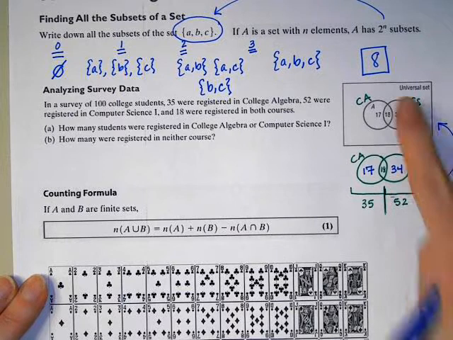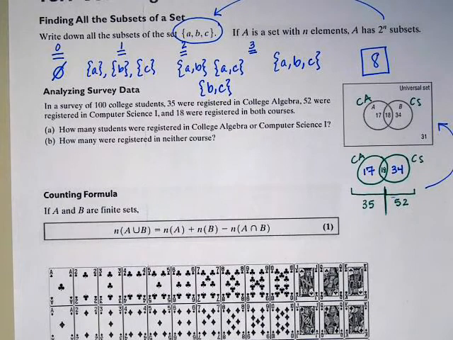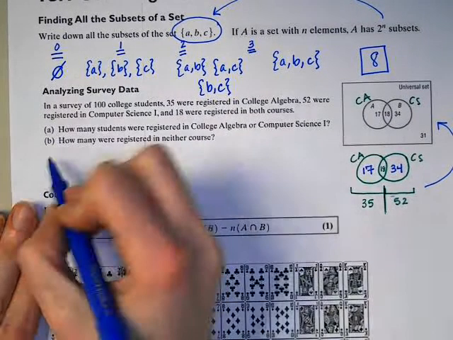And then you can use either one of these to answer the questions. Part A says, how many students were registered in college algebra or computer science? There's a couple ways to do it.